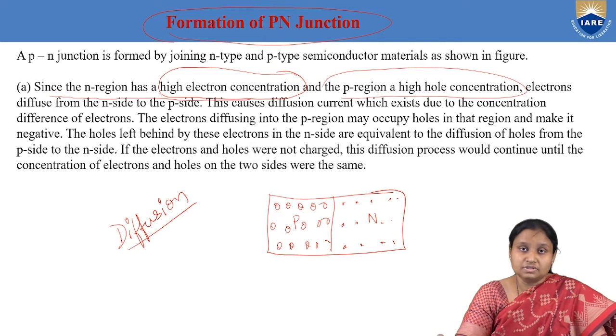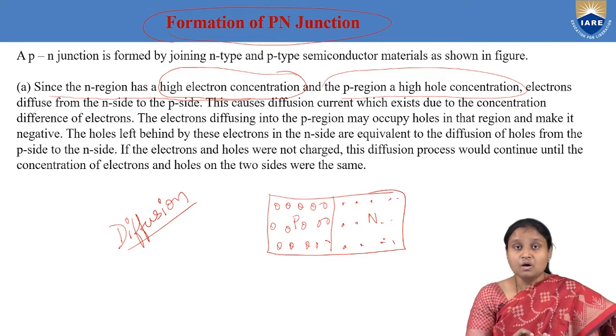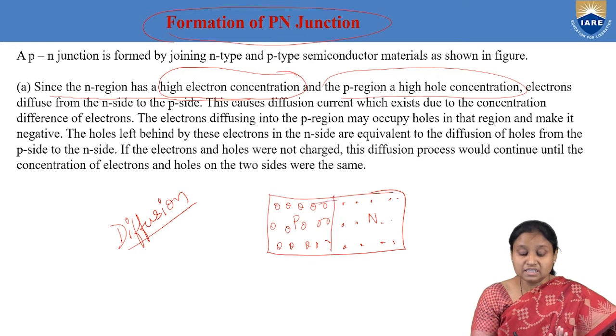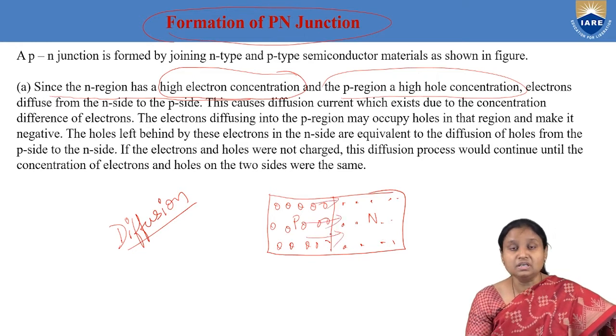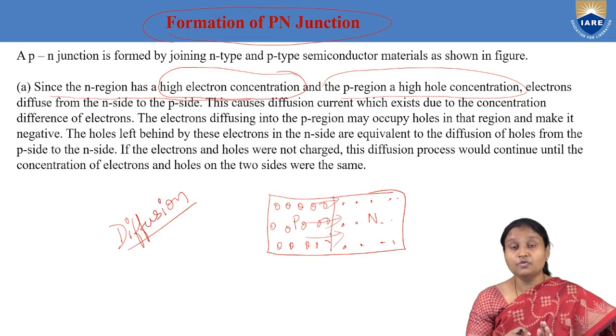of lower concentration. As you can see, in the P region we have a lot of holes, whereas in the N region we have very few holes. So holes from the P region slowly start moving towards the N region. You'll have a flow of holes going from the P region to the N region.